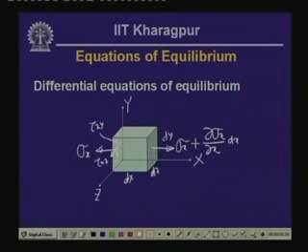Likewise, we will have the shearing stress component tau x y, which is varying from this end to this end, so it will be tau x y plus del tau x y by del x over the length dx.